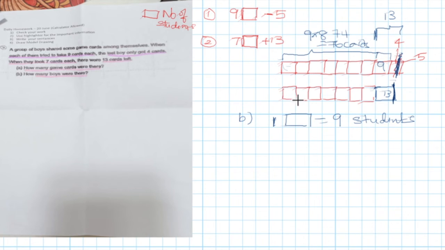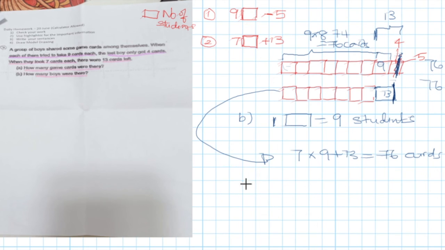Likewise, you can see whether it's true or not. For here it is 7, right? 1, 2, 3, 4, 5, 6, 7. So here is what? 7 times 9, because there's an extra of 13 cards. 76 cards. So the total number of cards is the same, right? 76, 76.